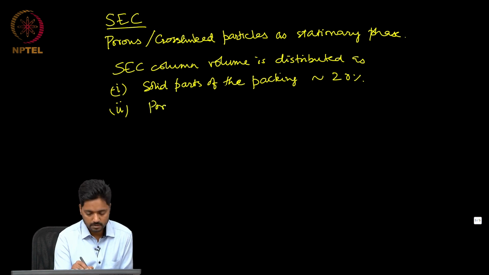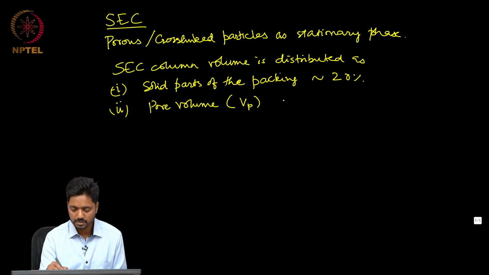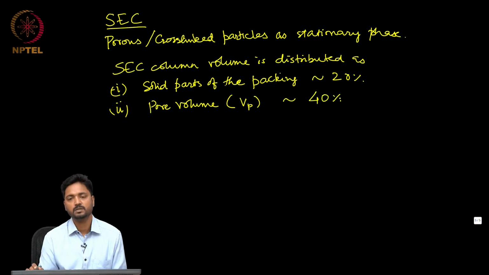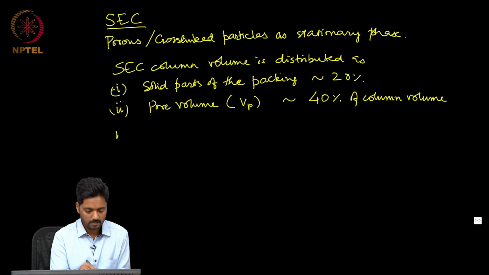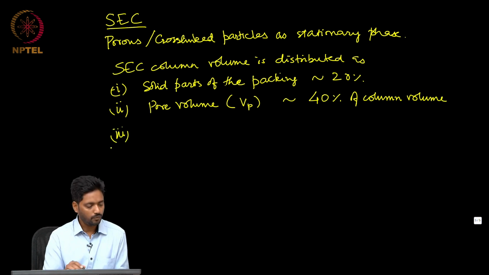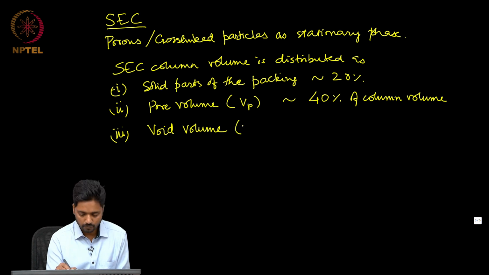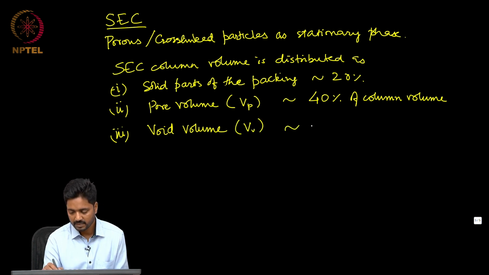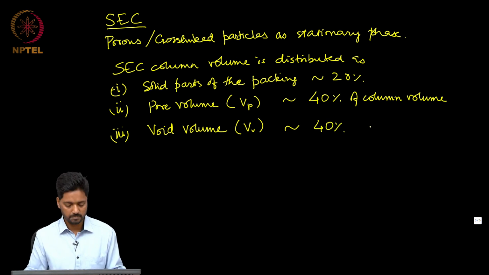The pore volume, which we denote as Vp, constitutes about 40% of the column volume. Finally, we have the void volume, which we denote as V void, that also constitutes another 40% of the column volume.